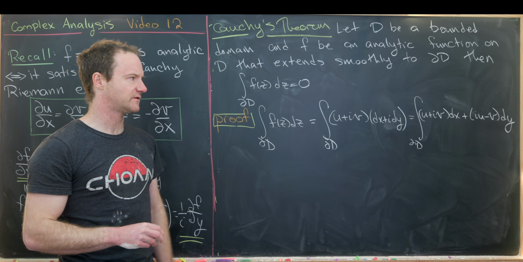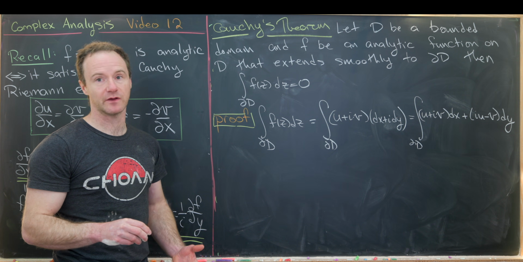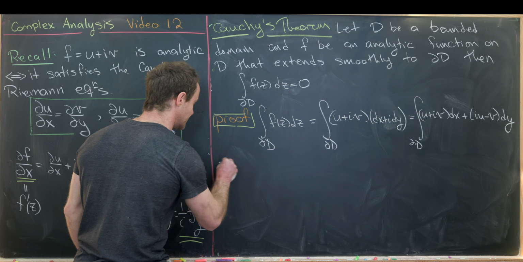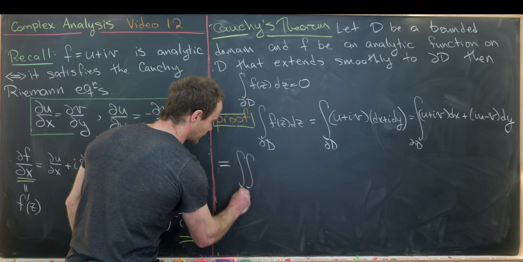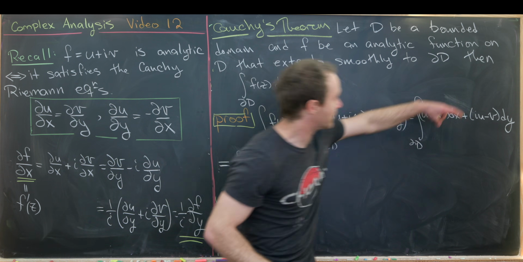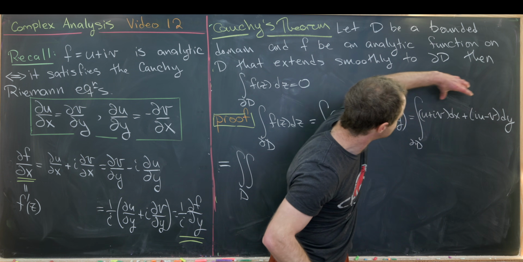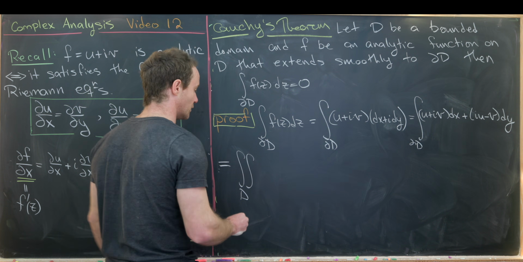But that looks an awful lot like an integral that we could calculate with Green's theorem, so let's do that exactly. By Green's theorem, that'll be the double integral over D of the partial of this with respect to x minus the partial of this with respect to y.